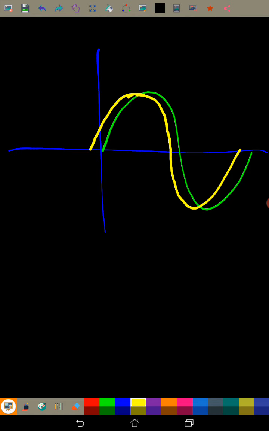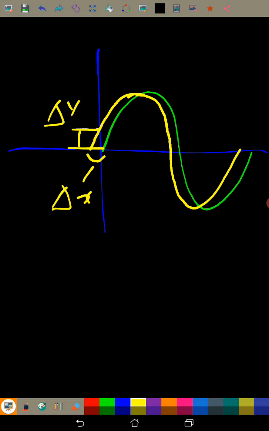So we will have a small increase. This is delta x, let's say, and y is increased also by this much. This is delta y.